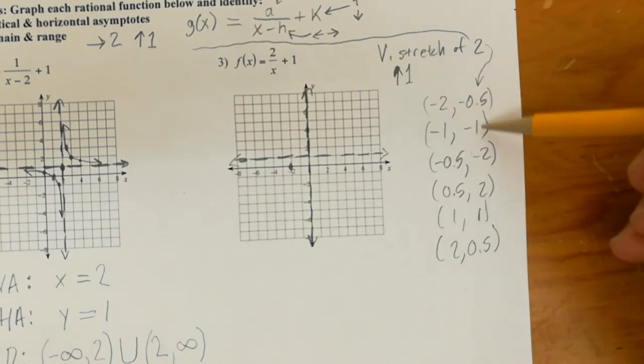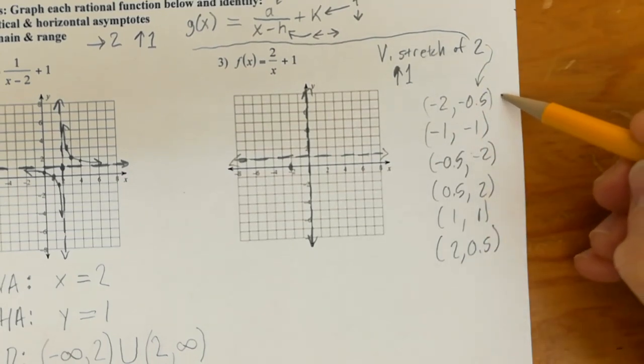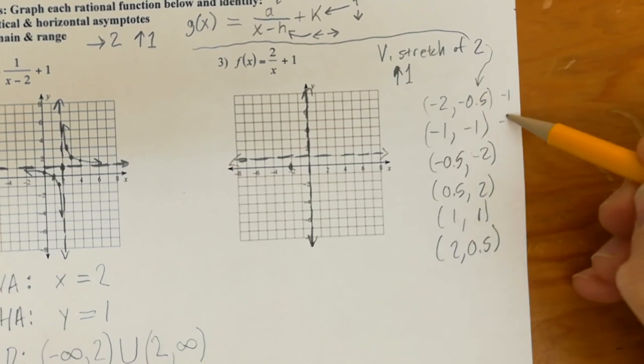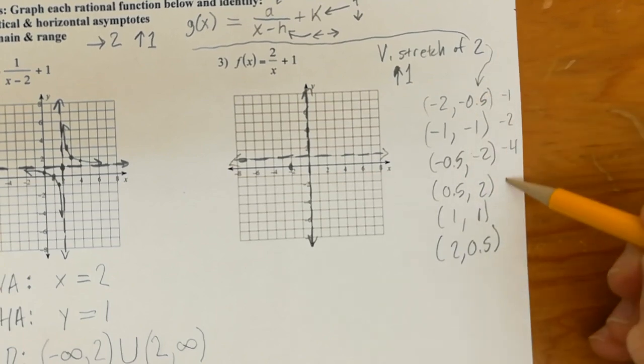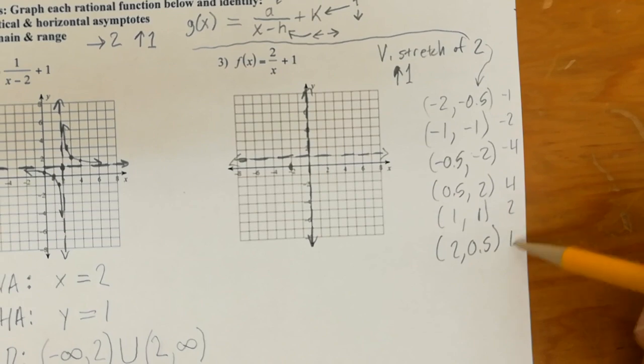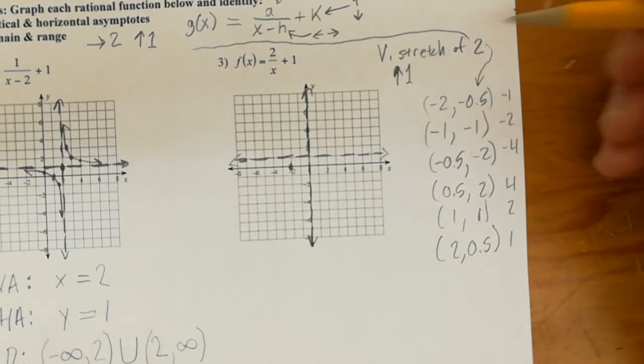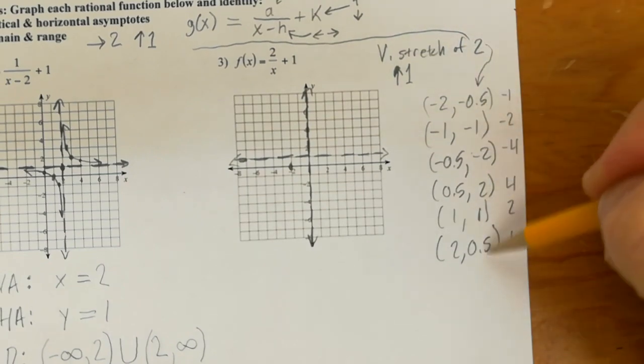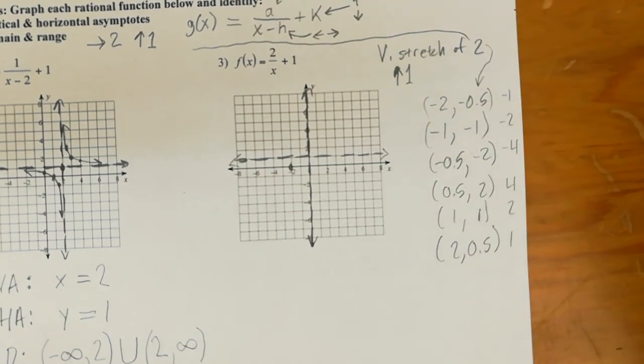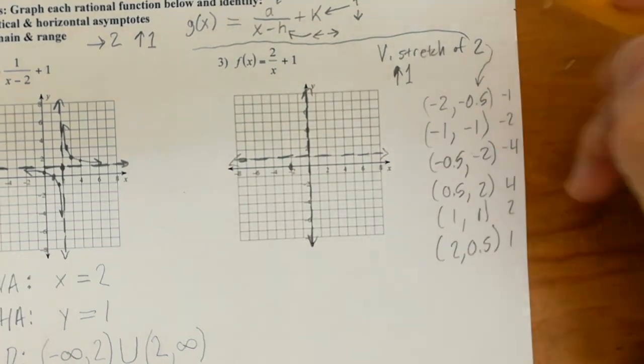Okay, if it helps, you could write down all of these times 2 first, if you wanted to, just to kind of help you out. All right, so we're just writing the result of those being multiplied by 2. It's a vertical stretch, right? So that's why the vertical value, the y value, gets multiplied by 2.